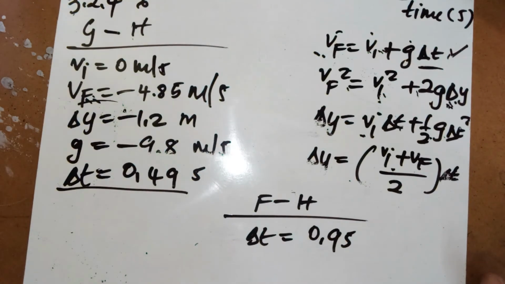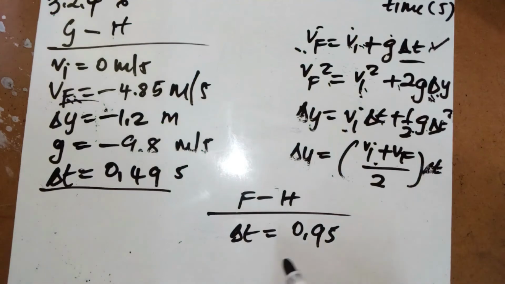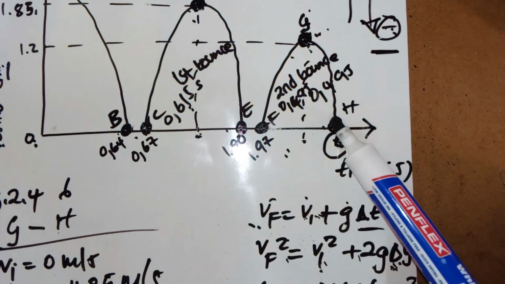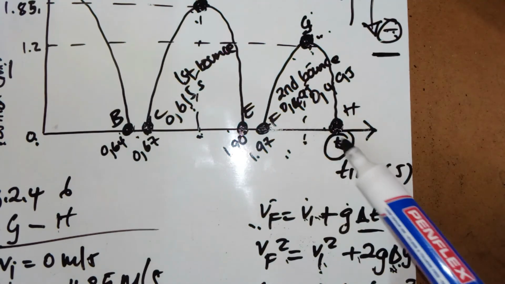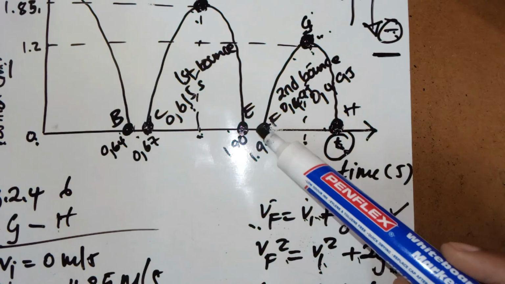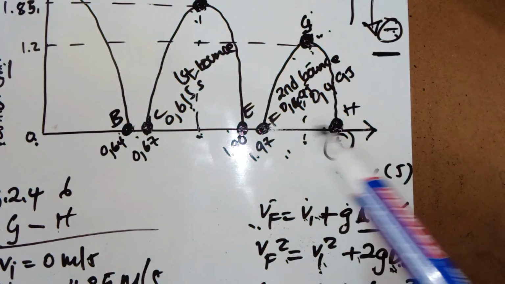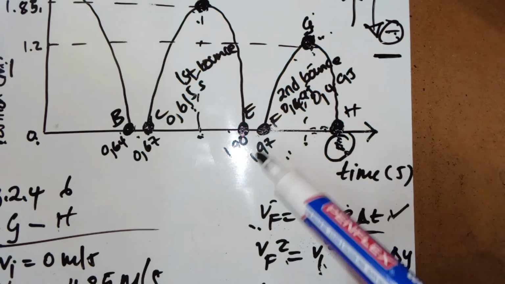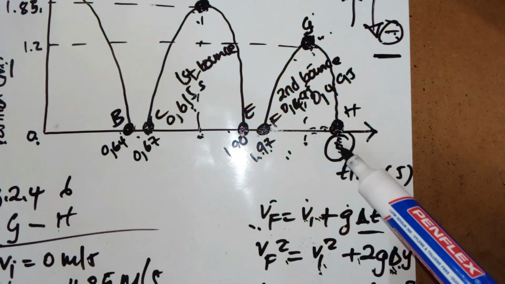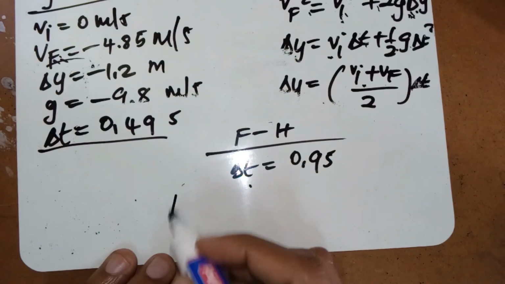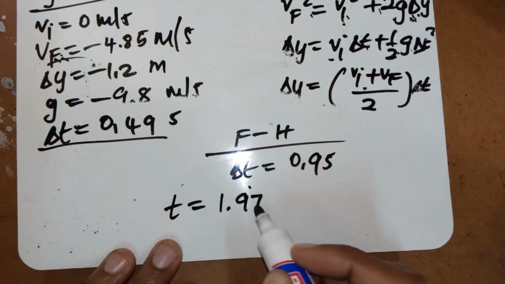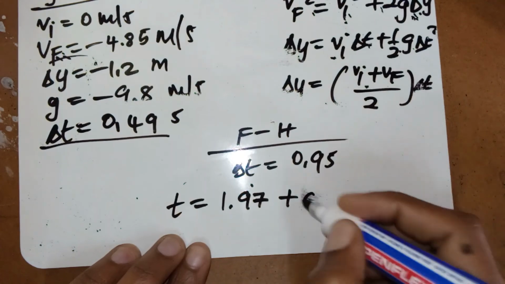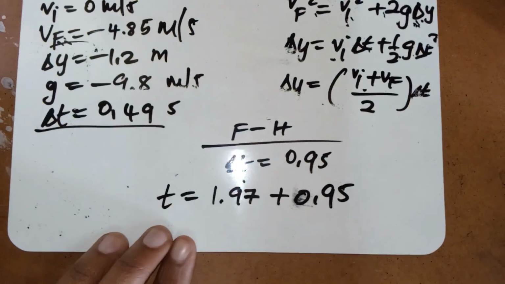But we're still not looking for the change in time between F and H. We are actually looking for this time here. So we know here at F we have 1.97. And then if the change in time between these two positions is 0.95, this means to find this time, we just have to say 1.97 plus 0.95.